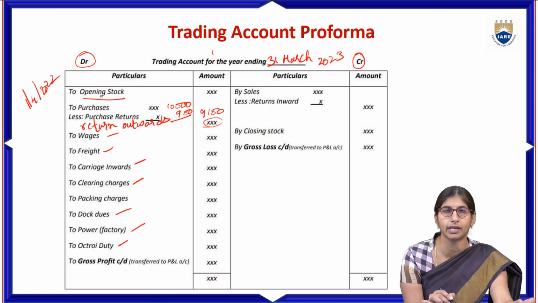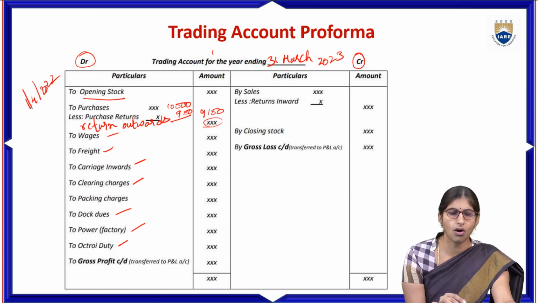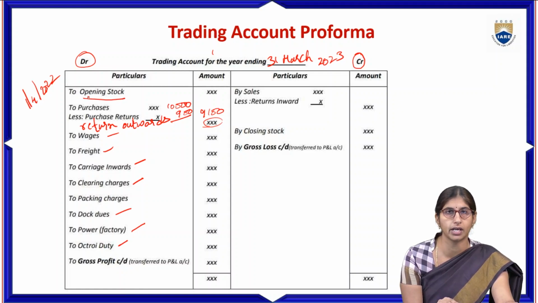Here we don't call it carry forward or brought down, as we do in the ledger accounts; we write it as opening stock and closing stock in the trading account. So on 1st April 2022, the opening stock we may take. That is not an expenditure as we have discussed, but still we are going to write it on the debit side.